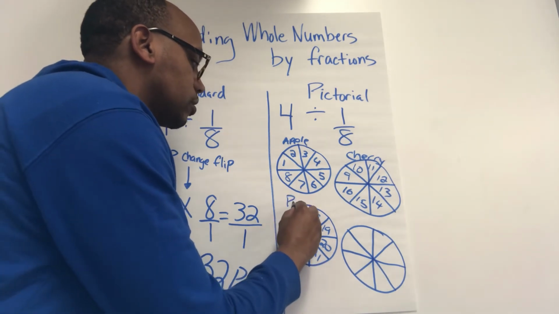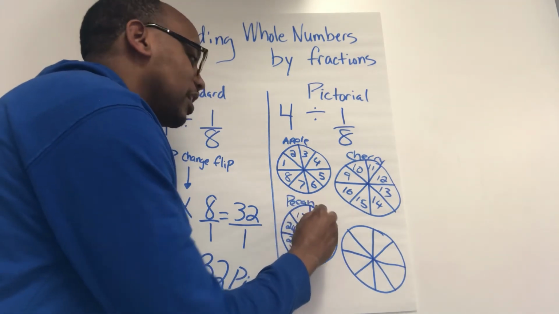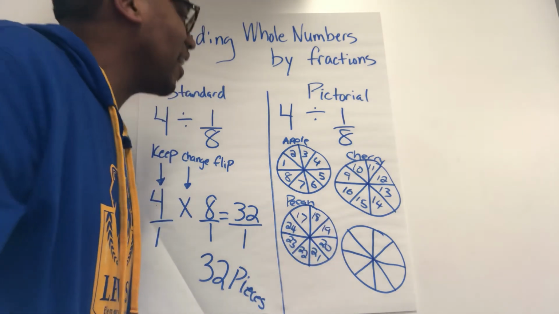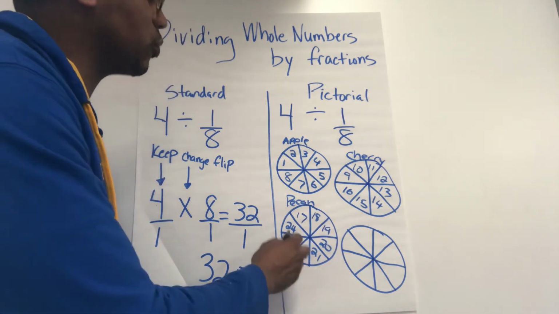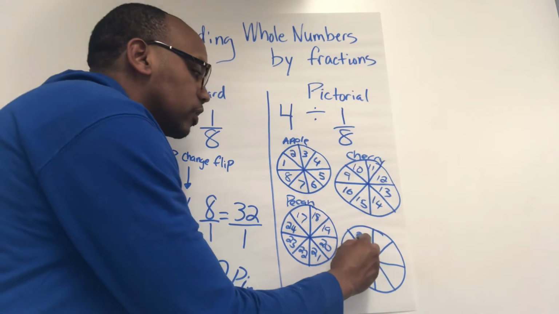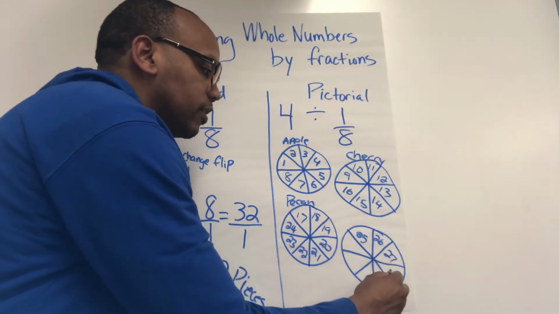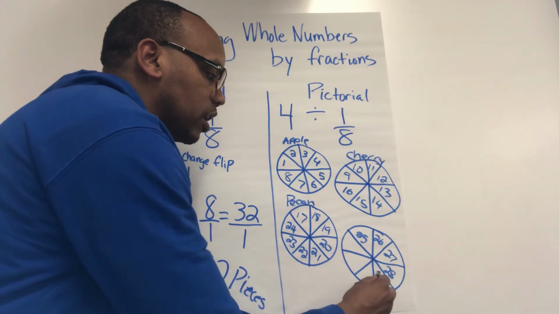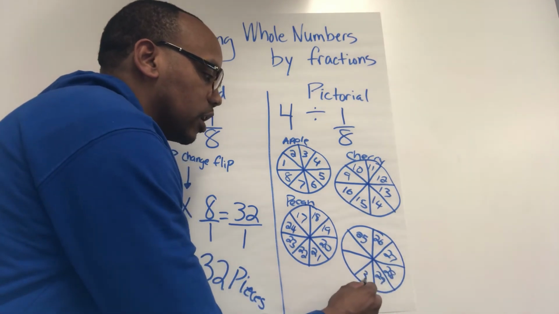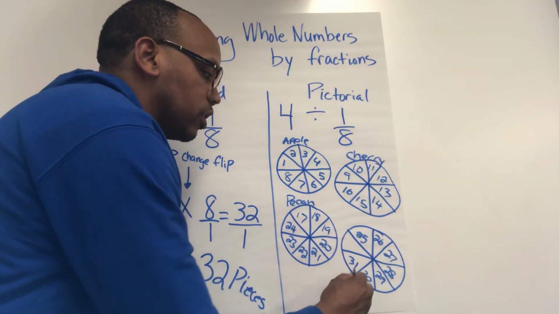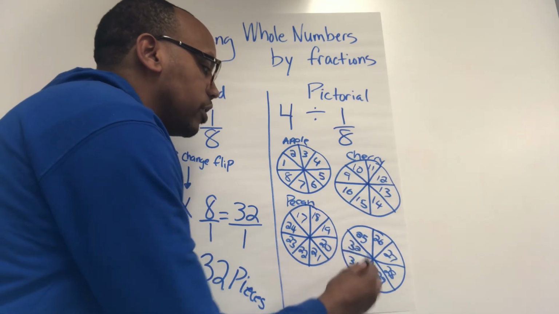Let's say this was pecan. The first three pies produced 24 pieces. 25, 26, 27, 28, 29, 30, 31, 32 pieces.